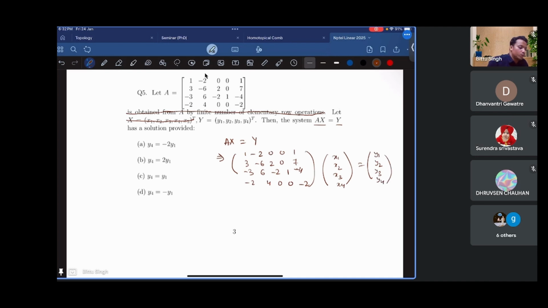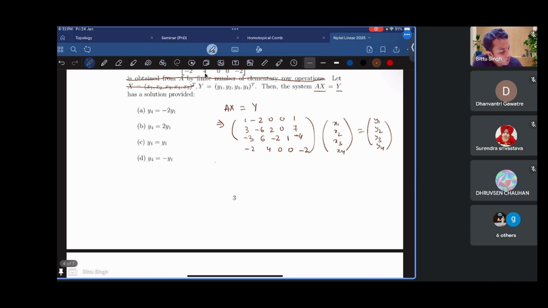To solve this kind of question, we'll form the augmented matrix corresponding to the equation. How can you make the augmented matrix? Just put A and put Y transpose here.